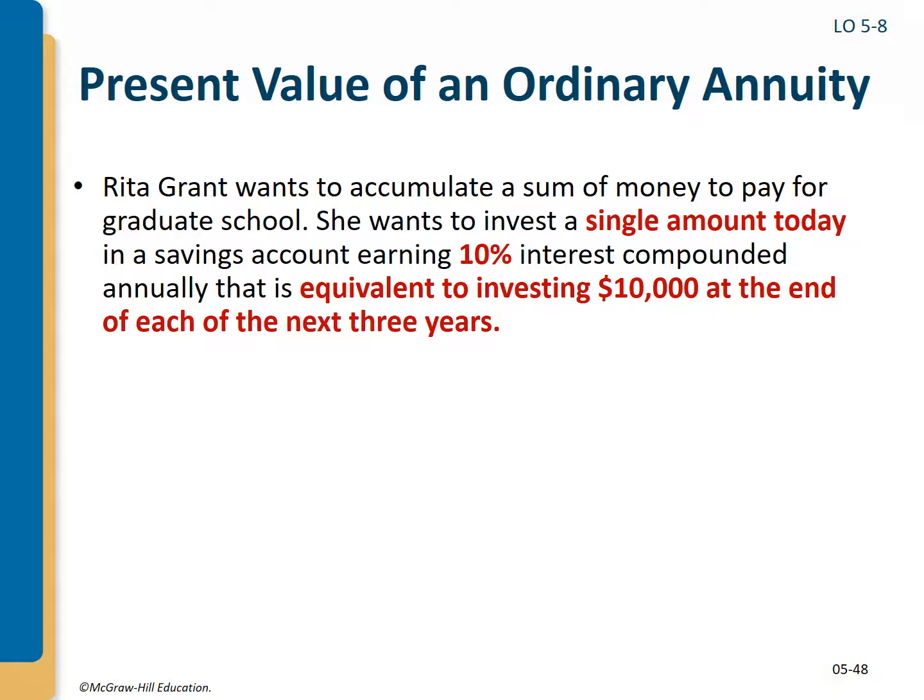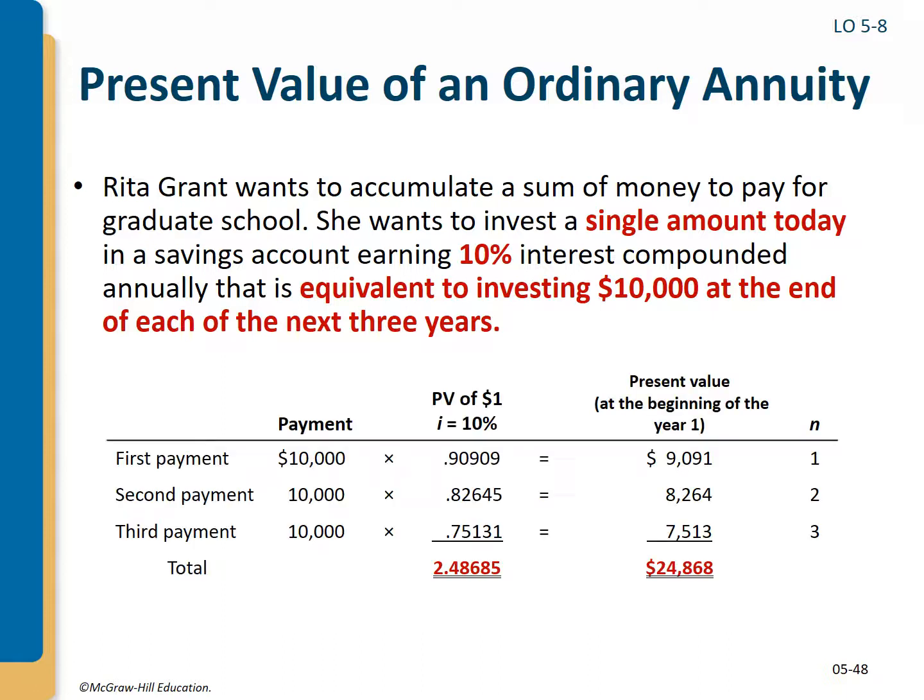My factor is 2.48685. Multiply the payment of 10,000 times 2.48685. She would have to invest $24,868 today, and that would be the same as if she put $10,000 away at the end of each year for the next 3 years.